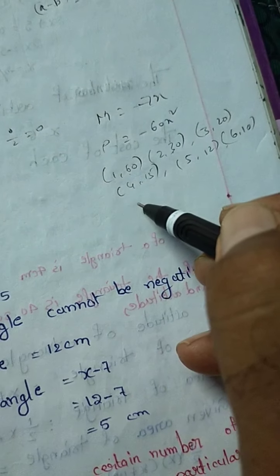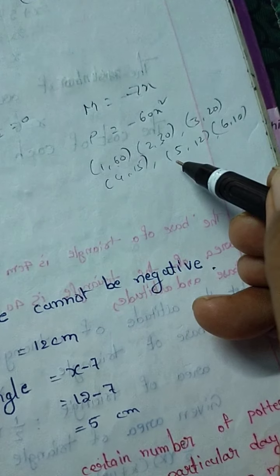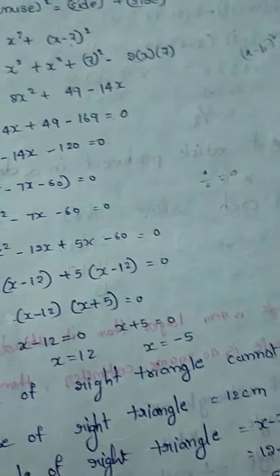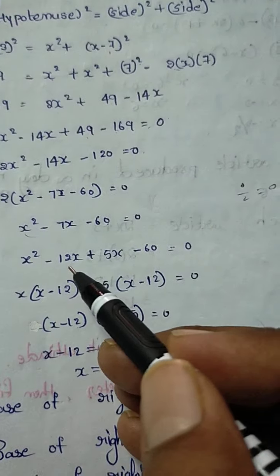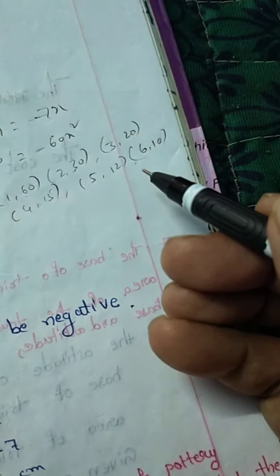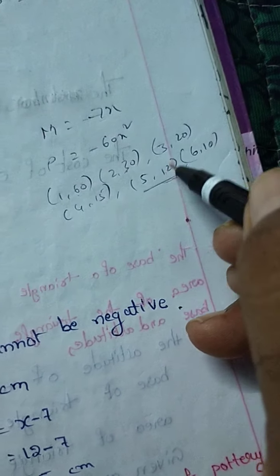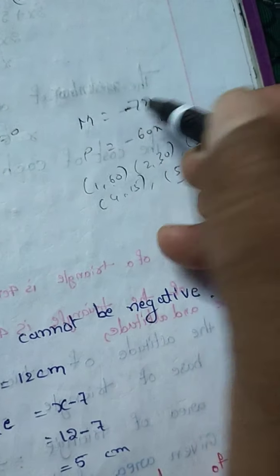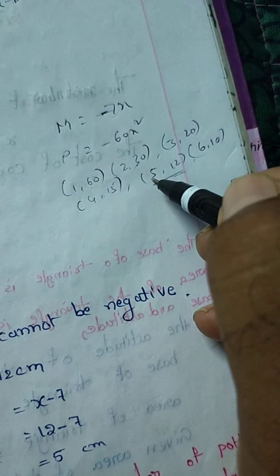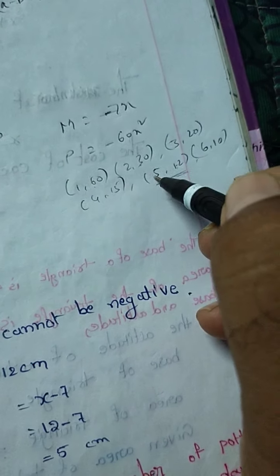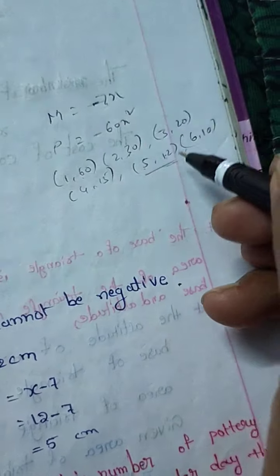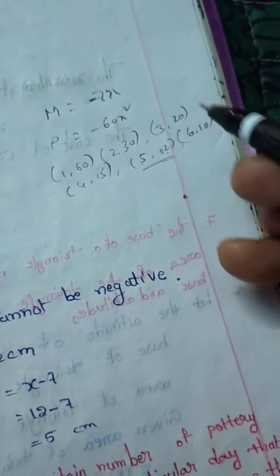Next, 12 and 5. Observe: minus 12 plus 5 gives minus 7x.